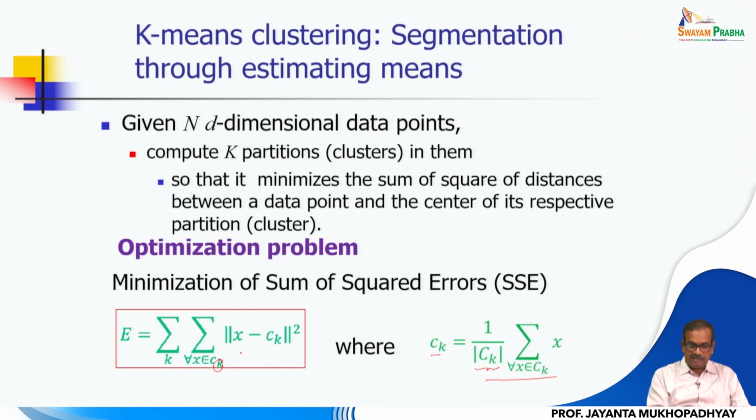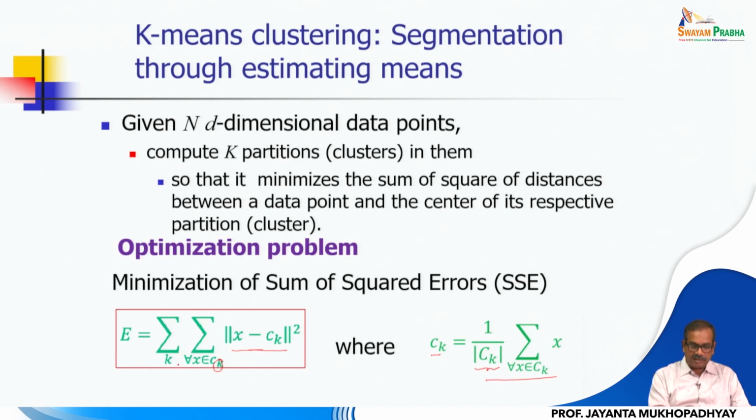The distance from a data point which belongs to that cluster to its center is expressed by this L2 norm. These are vectors, so if I take the difference vector, we consider the magnitude of the vector and the square of that magnitude. So we are considering the square of those distances.